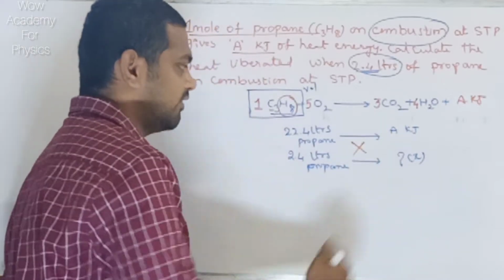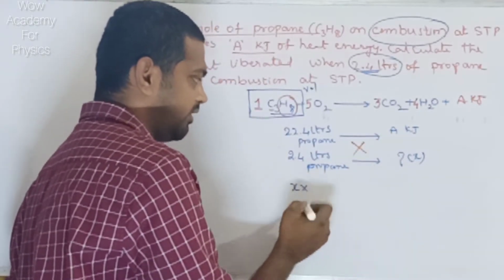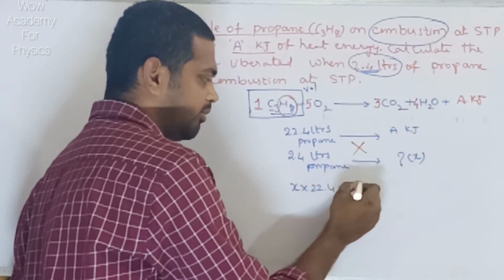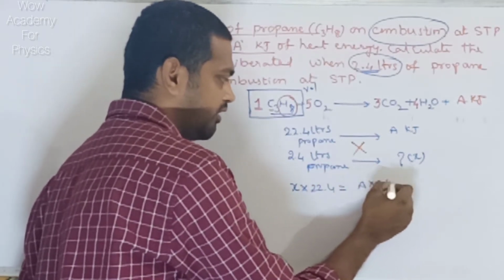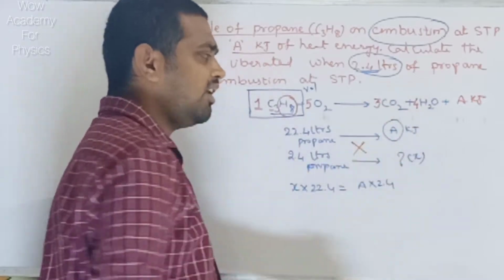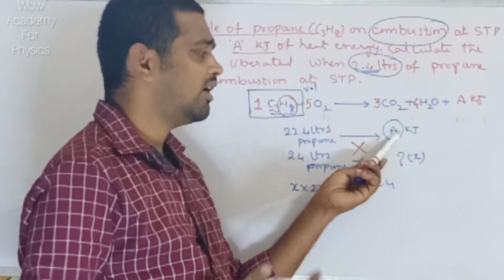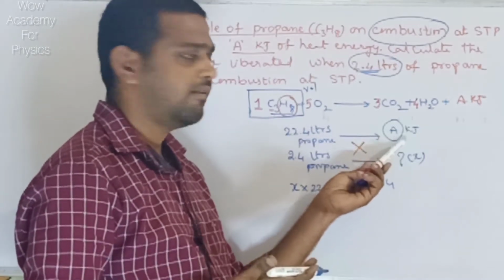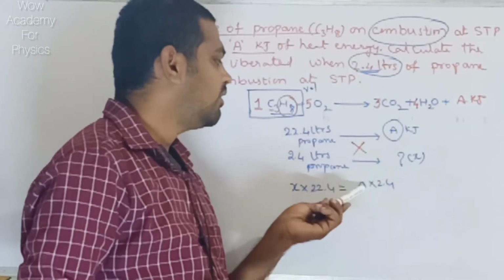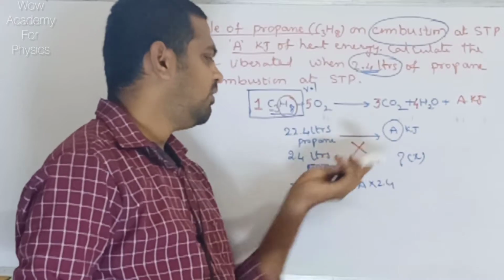After cross multiplication, X into 22.4 is equal to A into 2.4. In the question he has given A as the parameter. If it is a numeral, you can take the numeral, but he has given a variable. That's why I took A only. If it is 10, you can take A as 10.